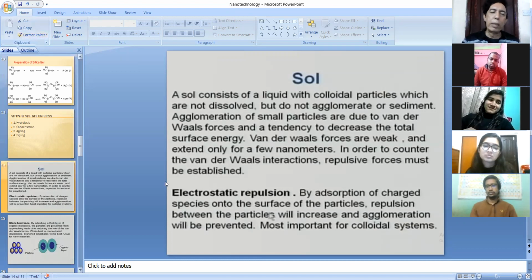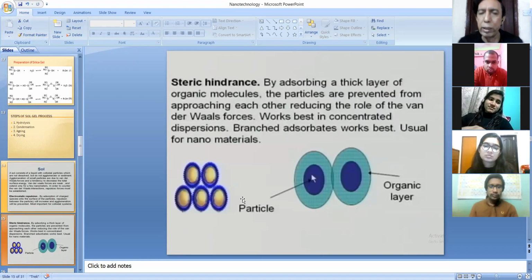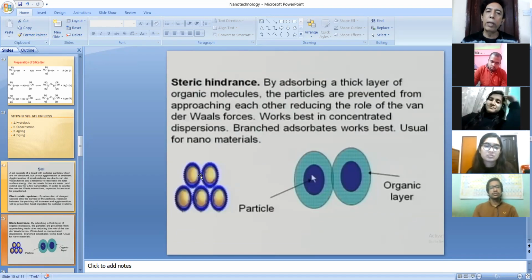Now, this is the first thing, electrostatic repulsion. Now, there is another case also. Another type of thing happens. Sometimes, say for example, this is a salt particle, and an organic layer is actually absorbed to the surface of the salt particle.